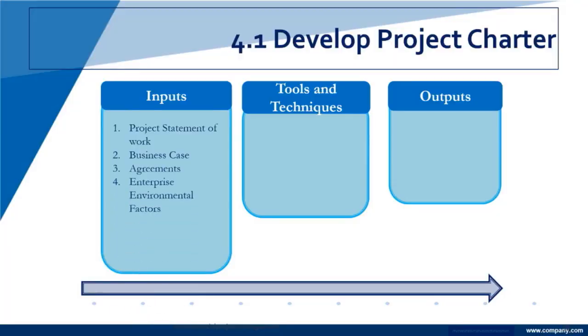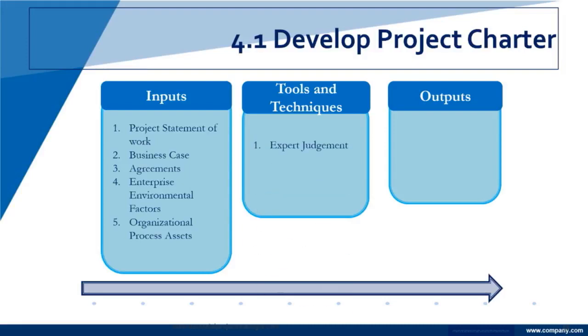Again, here are your enterprise environmental factors raising their head as an input to this particular process of developing the project charter. You will see these over and over again. I'm starting to introduce these as we get further in, but I wanted you to see it here so you know we've talked about it and we're going to be using them, as well as the organizational process assets. So these are inputs into developing the project charter.